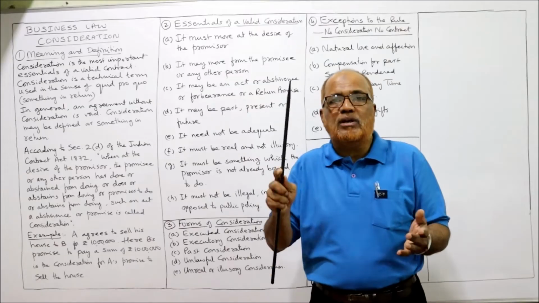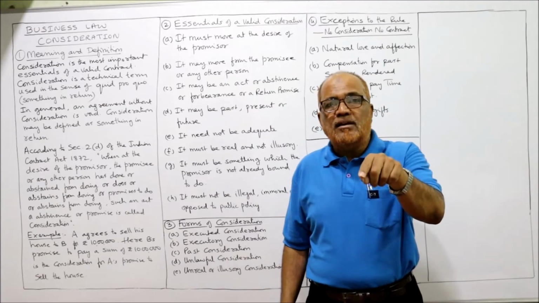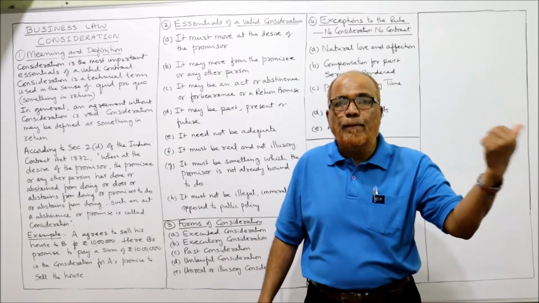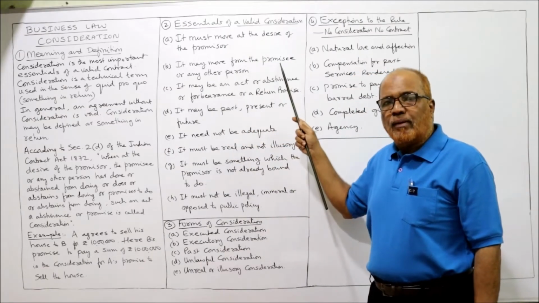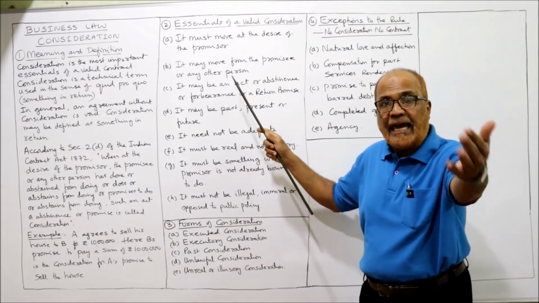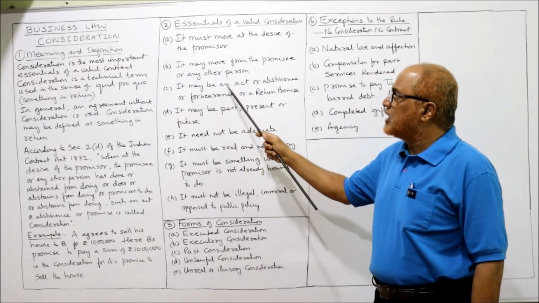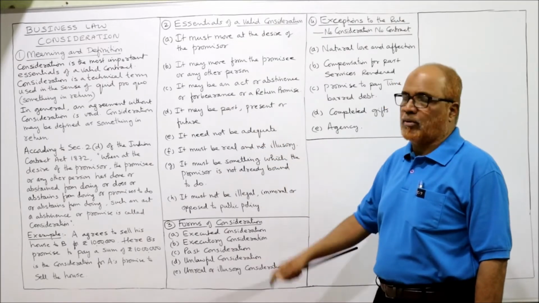No, she has to give the allowance because there is consideration. It may move from the promisee or any other person. So those are two conditions.